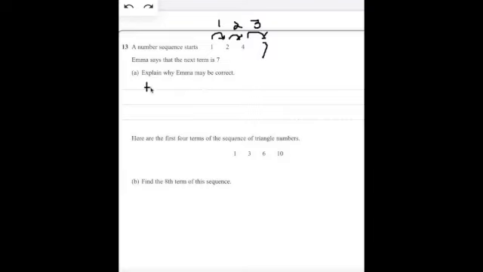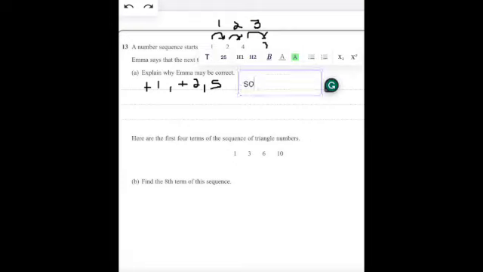So in the box, you'd write something like, the first term from 1 to 2 went up by 1. The next term from 2 to 4 went up by 2. So the next term should go up by 3. So 4 plus 3 is 7. You would write something along the lines of this just to make the examiner know what you're doing and that you actually understand what's going on.